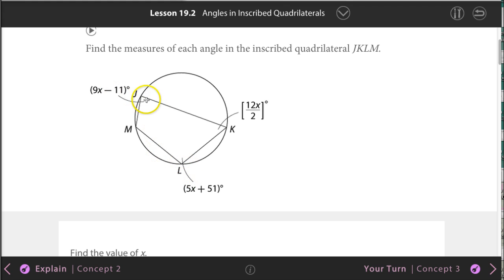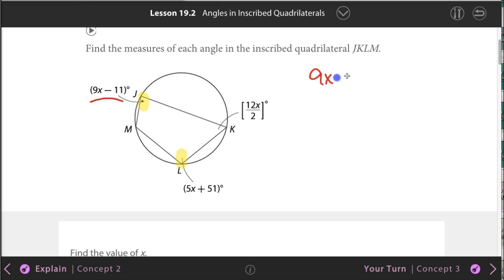And they gave you three of the angles: this angle, which is 9x minus 11 degrees, this angle, which is 12x over 2 degrees, and this angle, which is 5x plus 51 degrees, right? So remember what we just talked about? Yes. So we know that this angle and this angle add up to be 180 degrees. I'm obviously not picking this one and this one because this question didn't give me how big that angle is, okay? So let's go ahead and set it up.